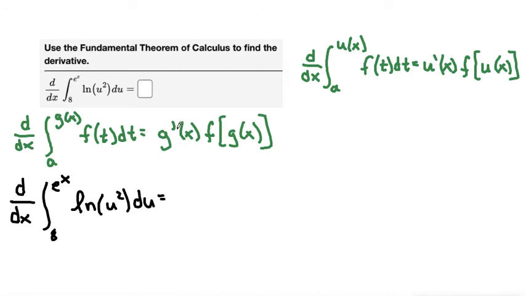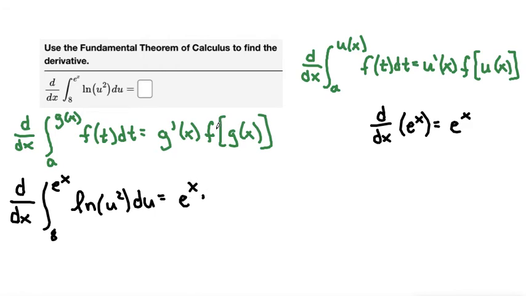So the first thing we need to find is g prime of x. Our g of x is e to the x, and the derivative of e to the x is just e to the x. So my g prime is e to the x.